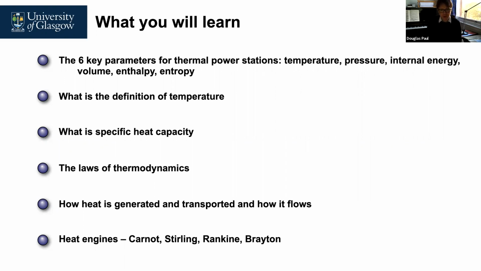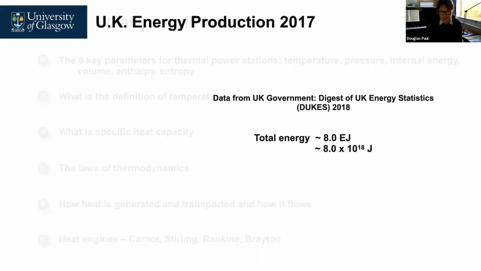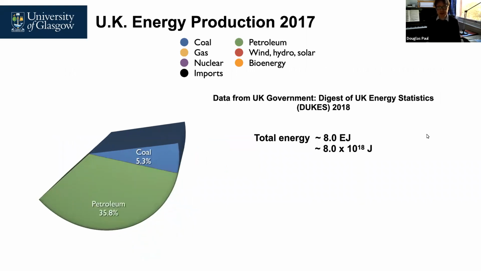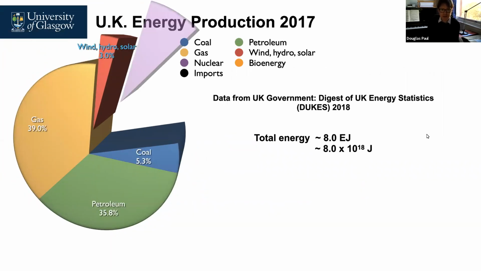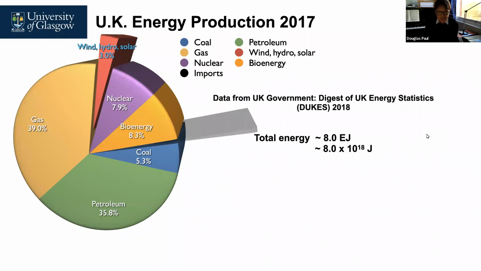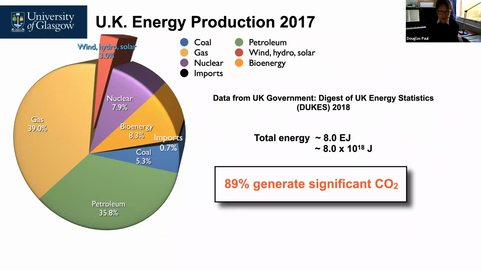And just a quick recap on some of the data that I showed just for the UK energy production. What I showed you is that 89% generate significant CO2. But if we look at how many of the things in here are thermal and use different forms of thermal, we're actually talking about 97% of all the energy production in the UK are based on thermal processes at present.